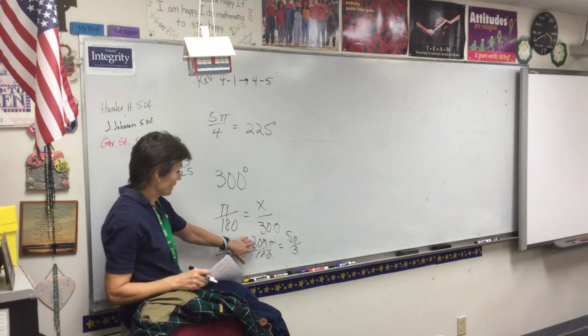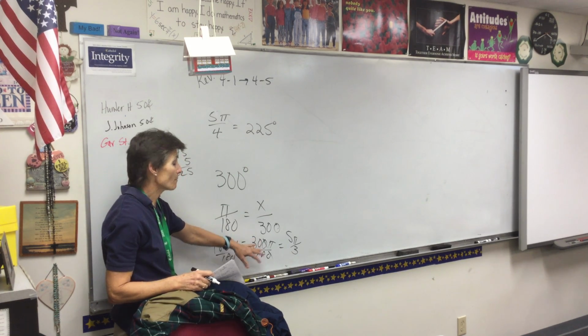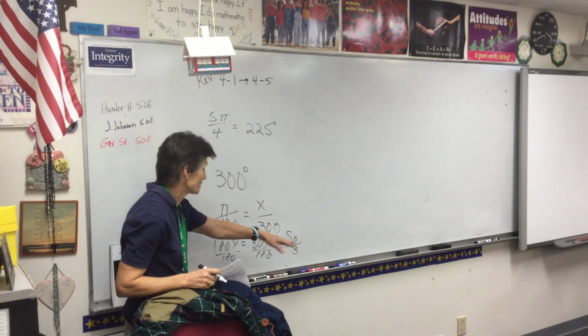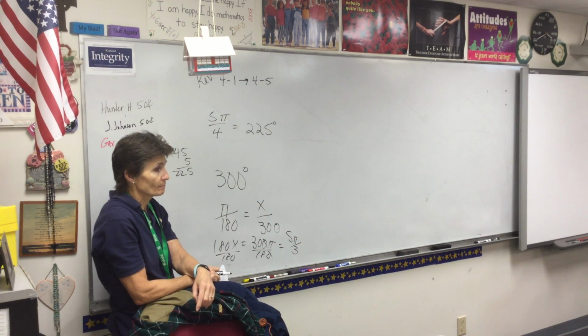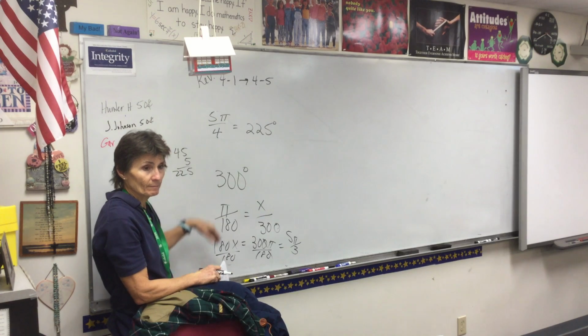Some of you might divide by 2 first, or 3 or something. It's okay. Just keep dividing until you can't break it down anymore. 5/3 pi. Okay, we're gonna get all that. We're gonna get that right?